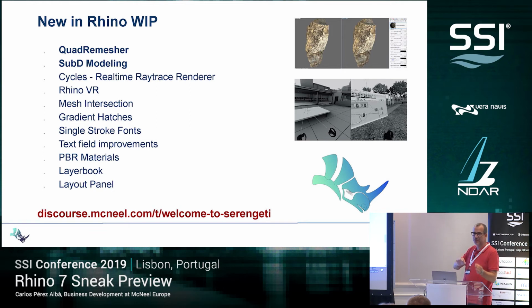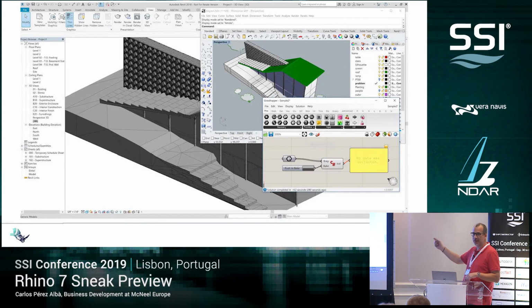So you can take input from Revit or from Rhino, and as you can see, we've created a new tab in Grasshopper with many Revit components, so that you can directly access those components from Rhino and Grasshopper.